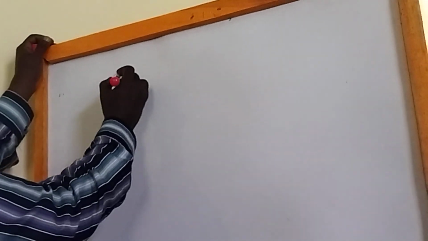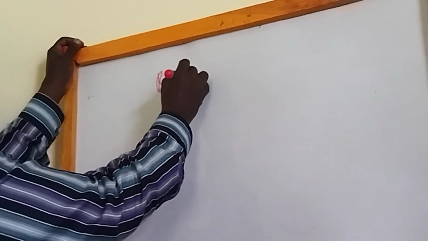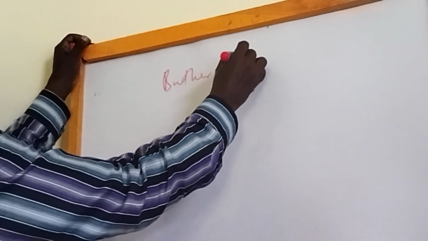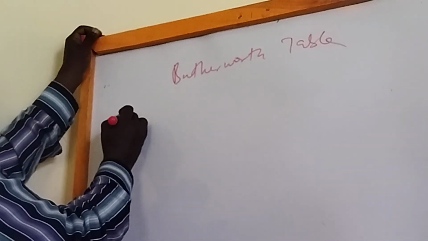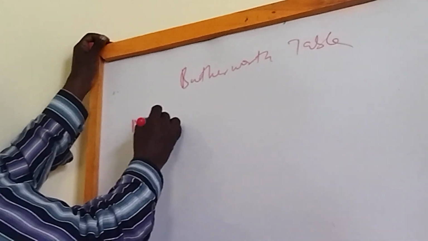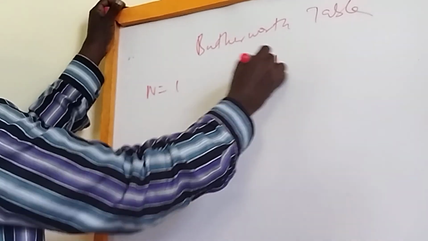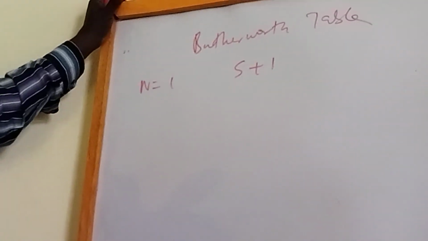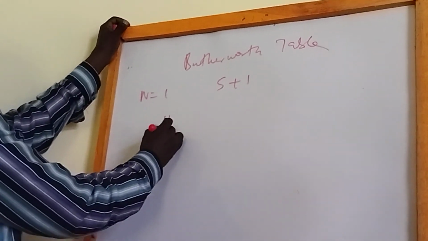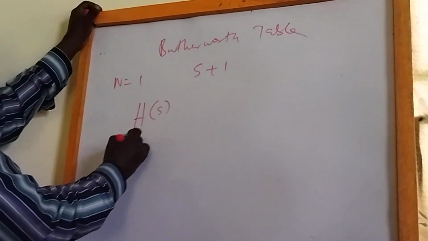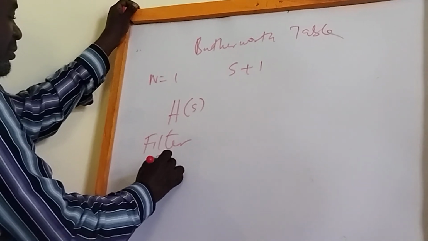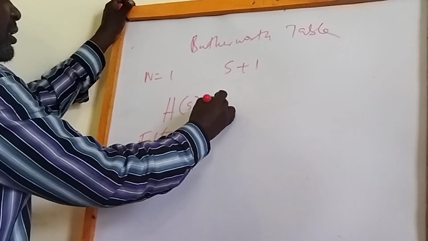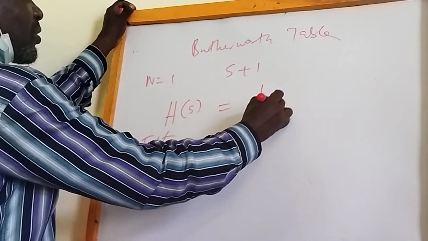If you check the Butterworth table, the first line on the table, when n equals 1, is written as s plus 1. That is telling you that the filter function is 1 over s plus 1.